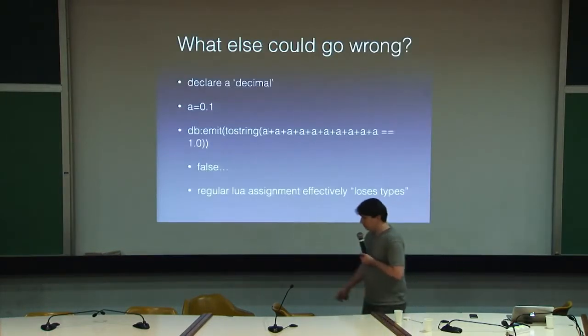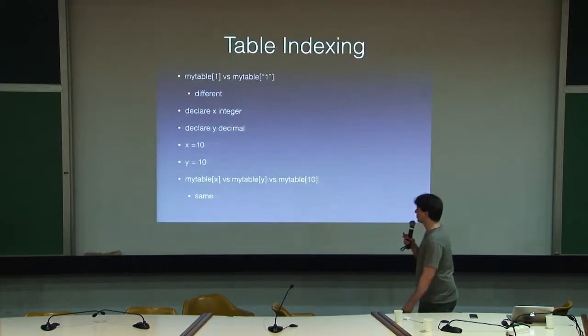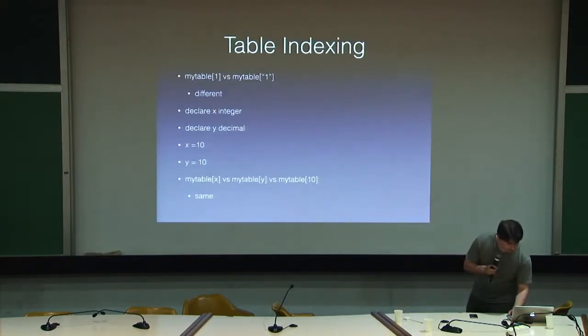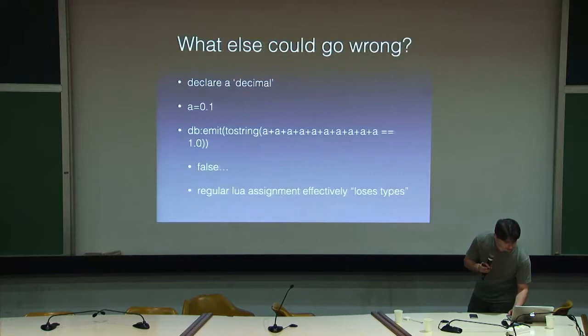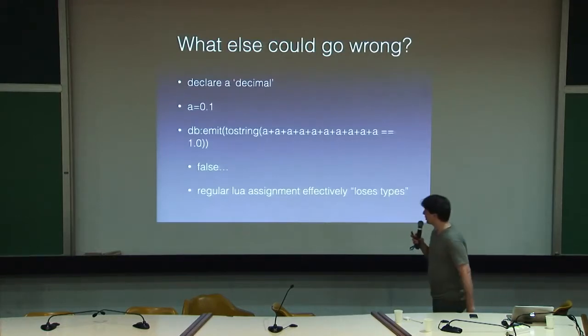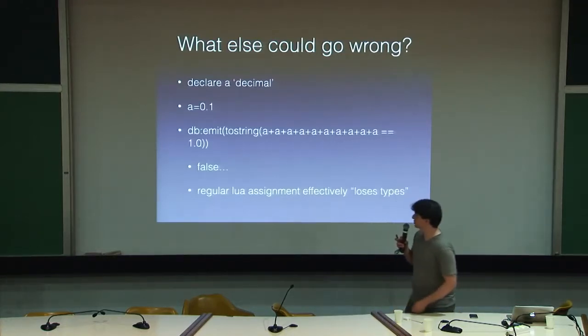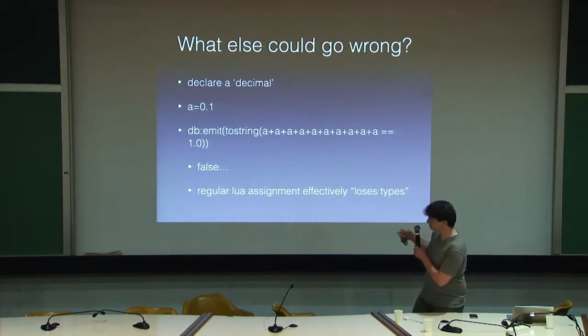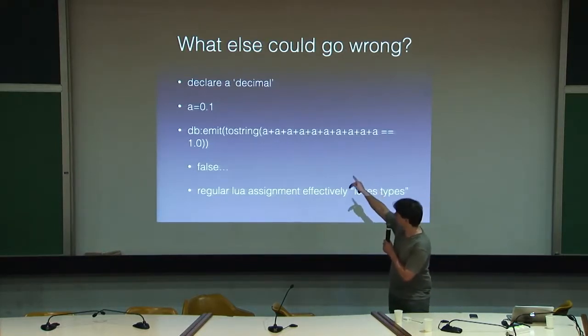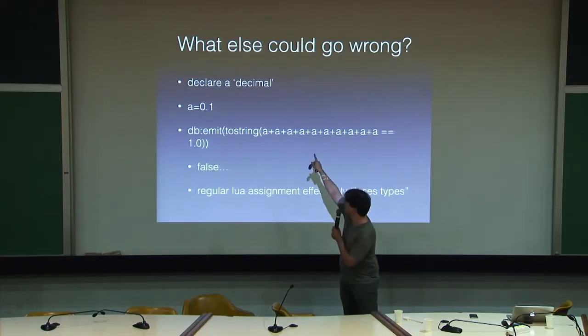Some more things we stumbled into as we were trying this out. I think I recall stumbling into this myself. You declare something and this looks like a harmless mistake, right? I declared something as a decimal and then I assigned it to that 0.1.